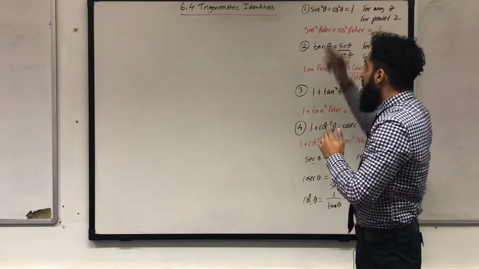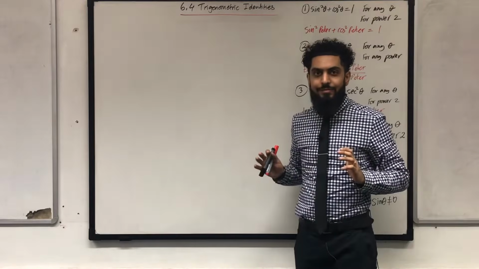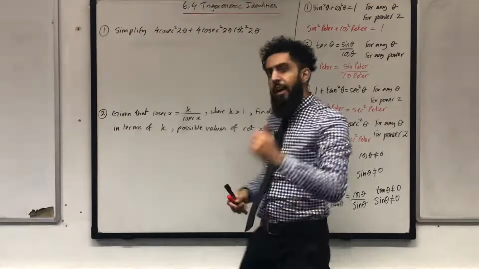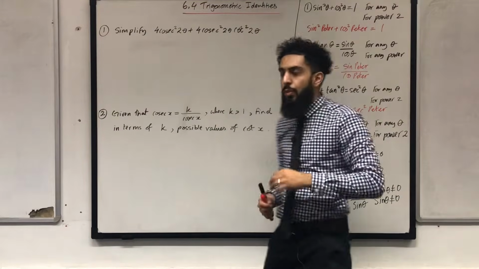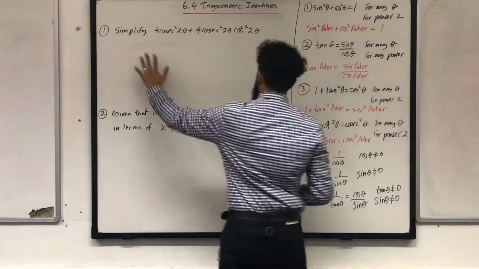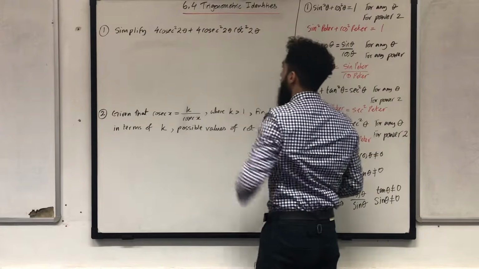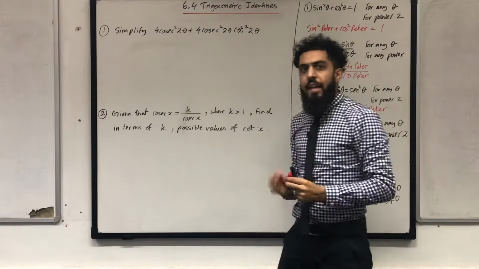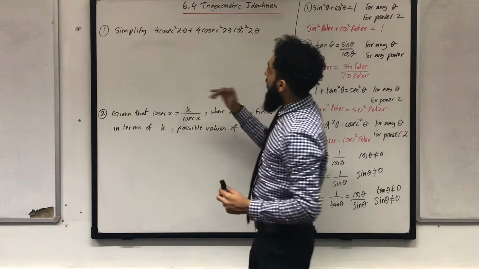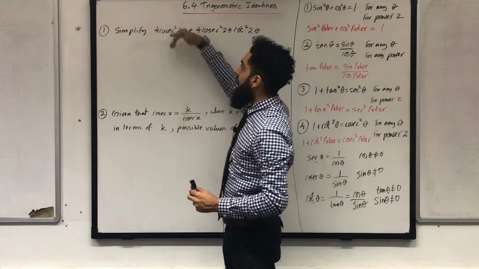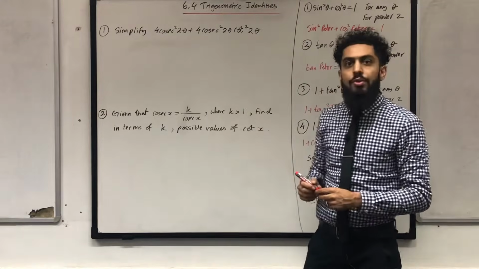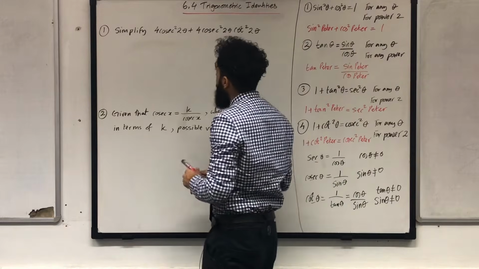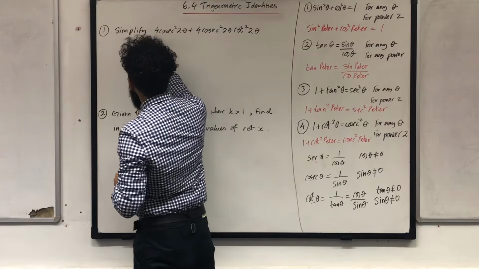We are now going to apply these to questions. So now we have question 1 and question 2 to tackle some juicy questions. The first one says simplify this trigonometric expression. What I can see first of all is that there is a common factor of 4 cosec squared 2 theta between the two terms. So I can take out 4 cosec squared 2 theta. That would be my first natural step.